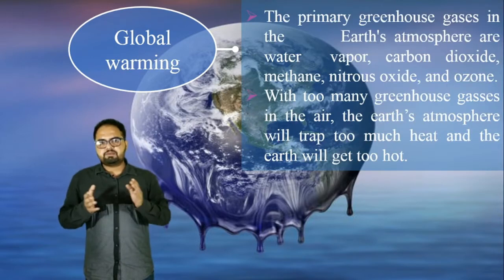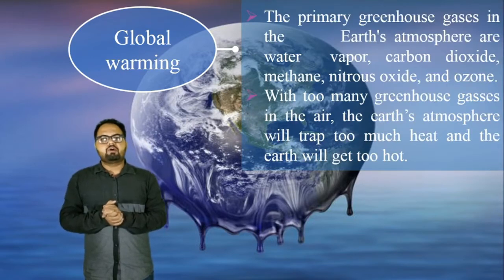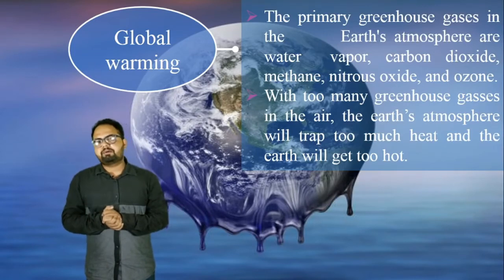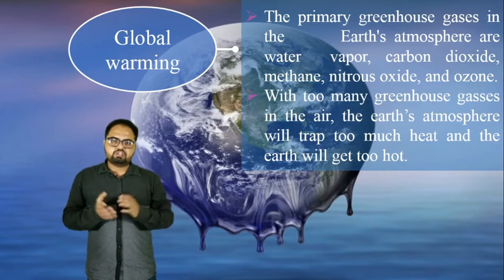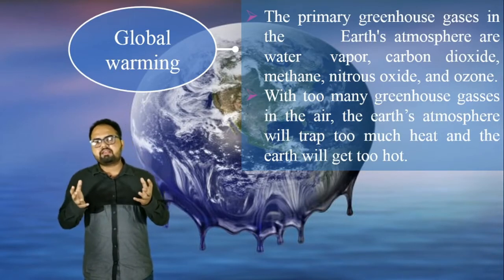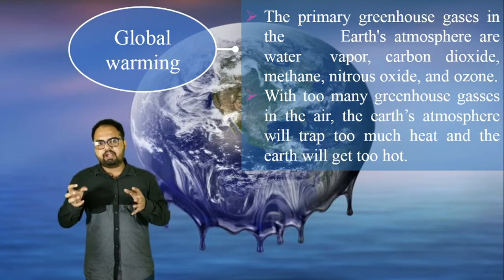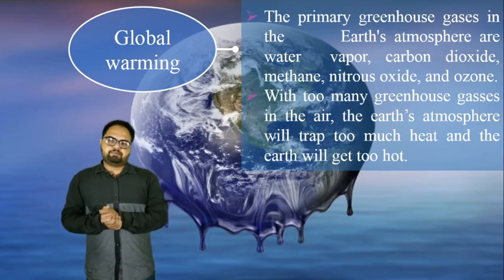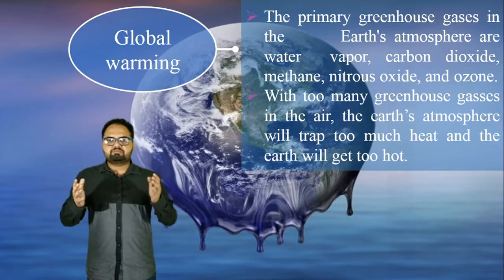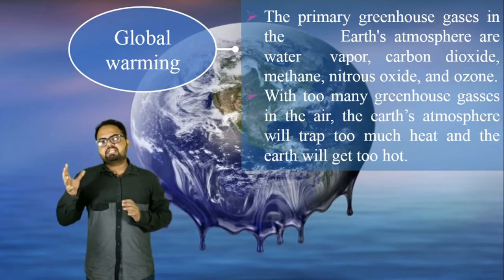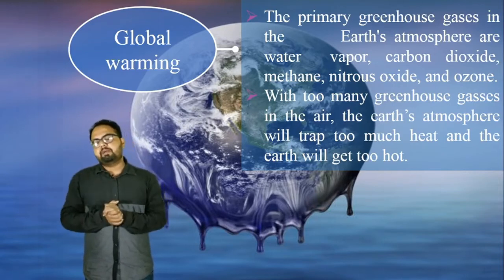Okay, so this is the main cause of global warming, as we have discussed: gases like water vapor, carbon dioxide, methane, nitrous oxide, ozone, all these gases are trapped inside the earth, trap the heat and increase the temperature of the earth. And in this way the ice on the earth is melting.